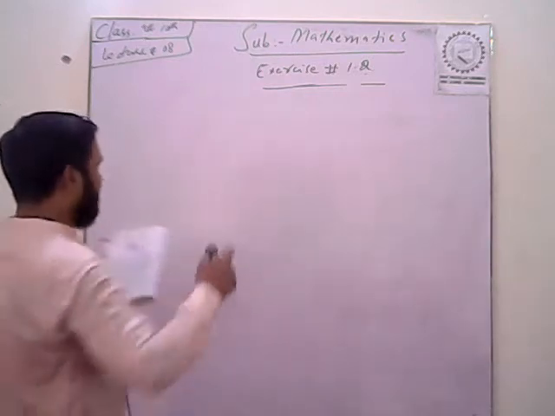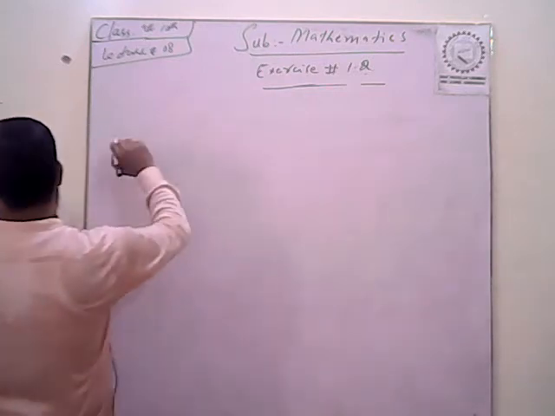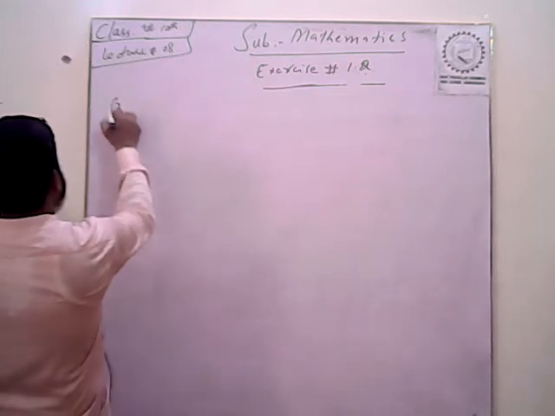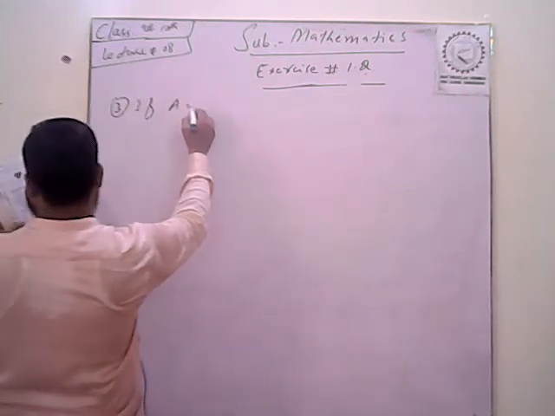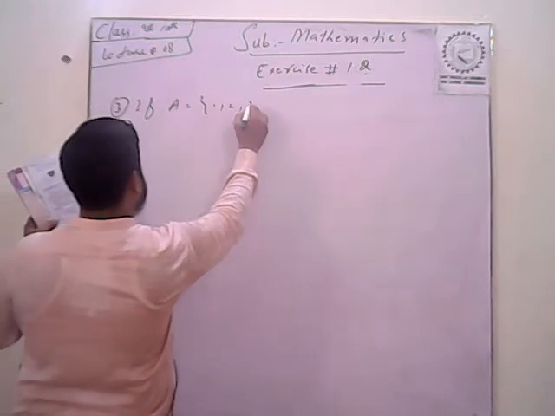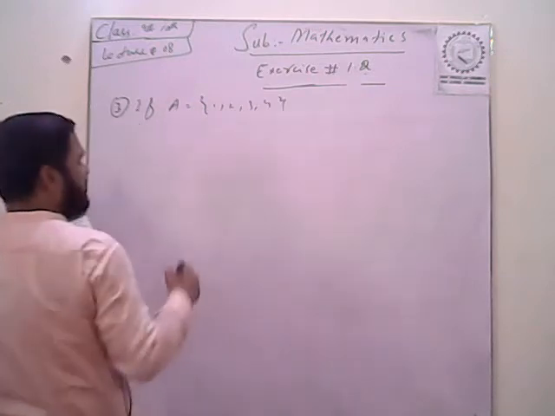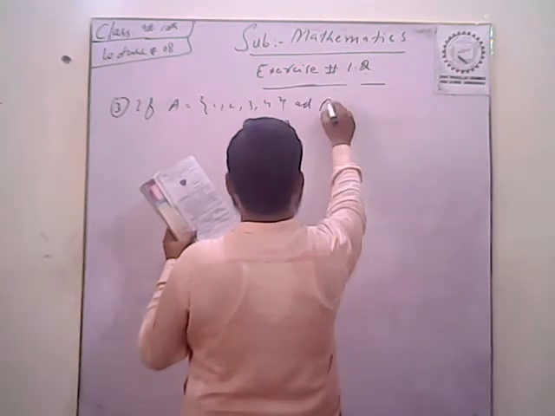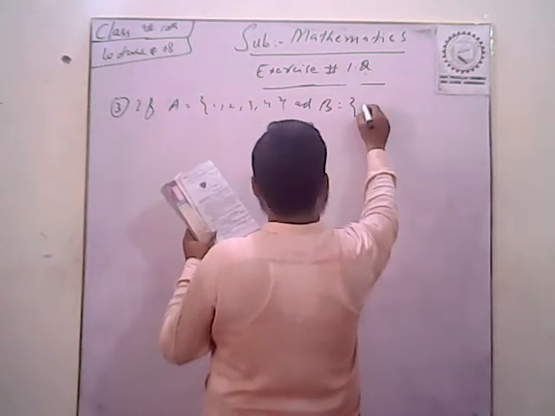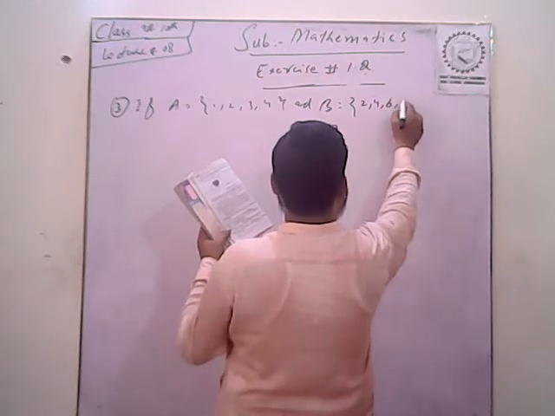So, question number 3 is that here A is equal to 1, 2, 3, 4. This is the remaining question of exercise 1.2. B is equal to 2, 4, 6, 8.